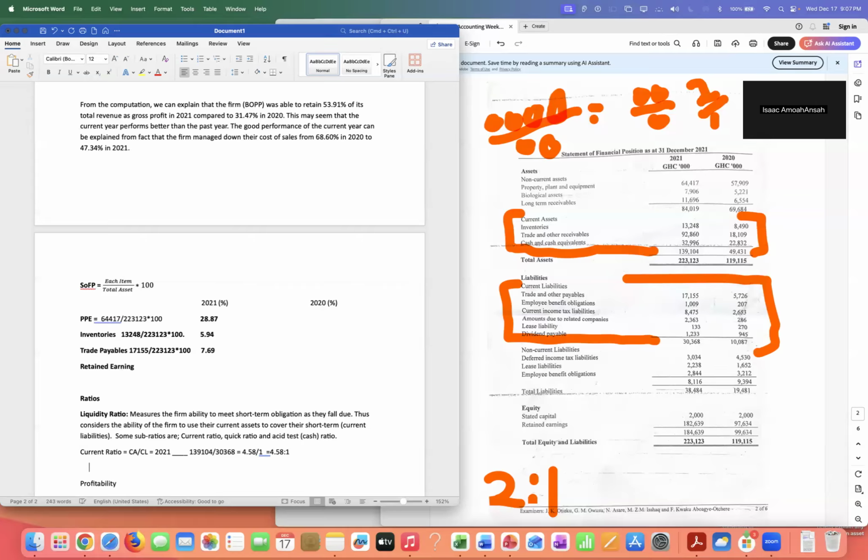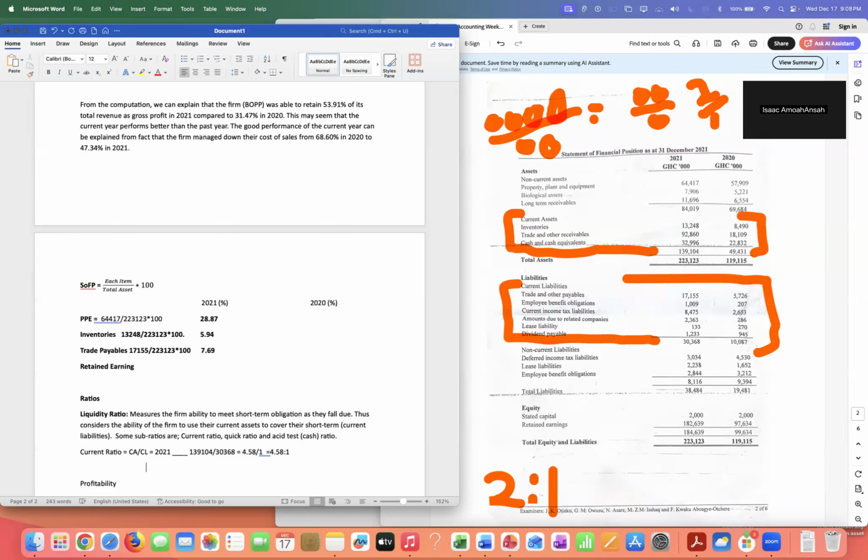For every 1 cedi current liability, the firm has 4 cedis, 58 pesewas in current assets to settle it. Hence, they could settle that and still be left with some surplus, right? Someone could say the firm is able to meet their short-term obligation almost 5 times.